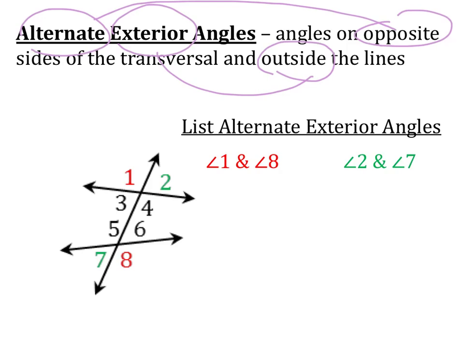If we look at angles 1 and 8, 1 is on the left side, 8 is on the right side, and they are outside of the two lines touching the transversal. Same thing with 2 and 7: on opposite sides, and outside of our two lines. Unfortunately, there is no cute highlighter trick for alternate exterior angles.